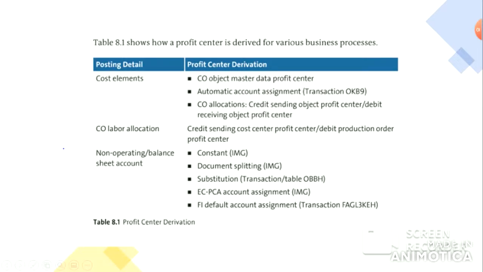Non-operating or balance sheet account, constant, document splitting, substitution, profit center accounting, account assignment, FI default account assignment. These are all the places where the profit center can be derived.